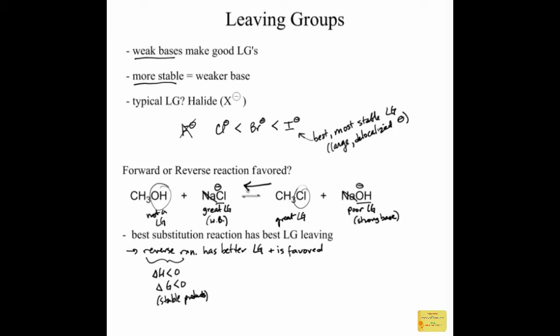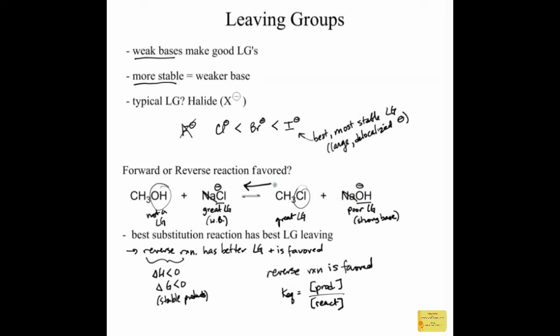Now because this is an equilibrium, when we say that the reverse reaction is favored, remember our KEQ expression. KEQ is always the concentration of products over the concentration of the reactants. So how would you describe KEQ for the given equilibrium?